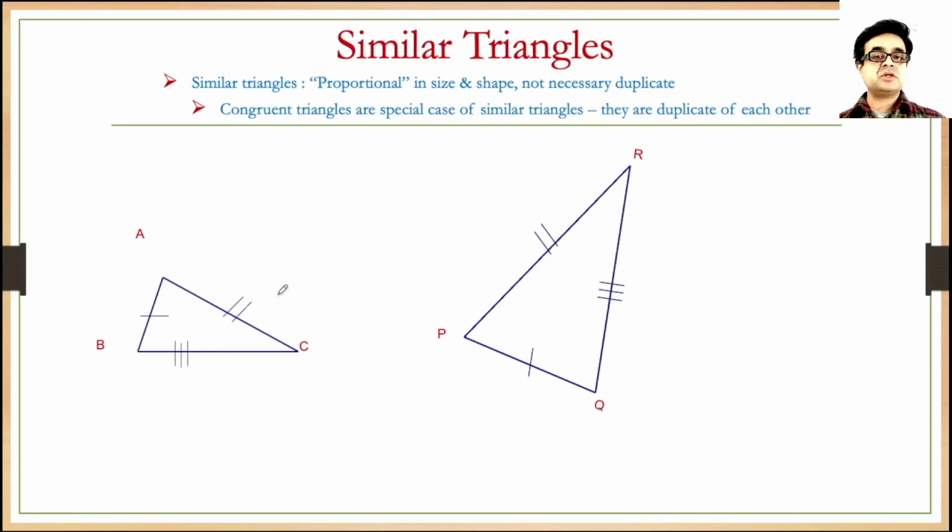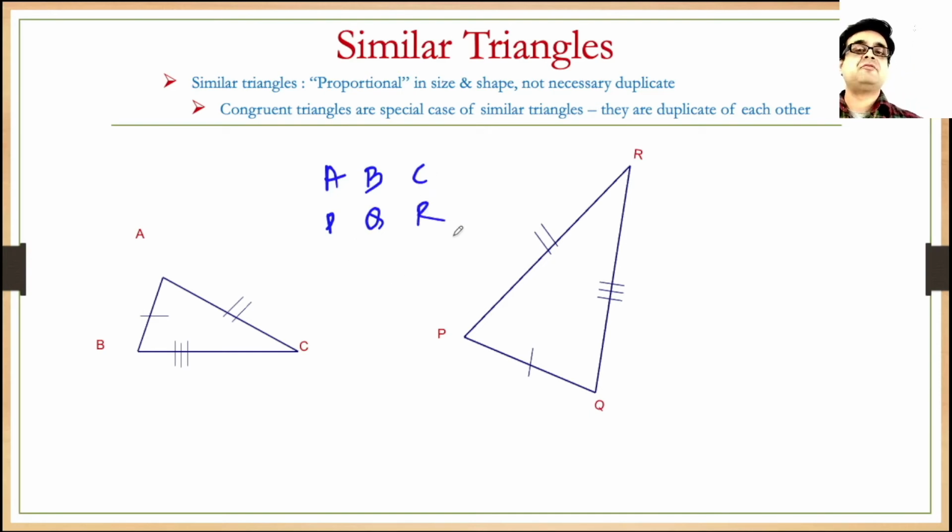However, based on the information given, you could be given that AB is equal to PQ. So again, we write out the triangle with whatever is given in terms of corresponding sides, and then find the ratios and apply the ratio to find other information in the question.